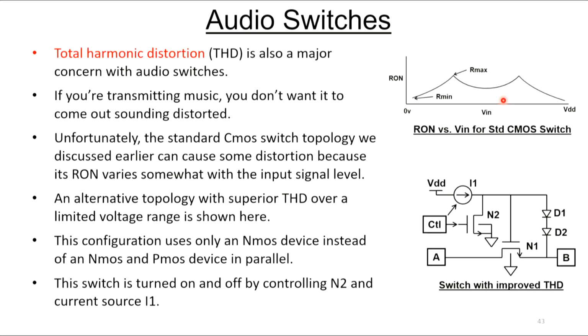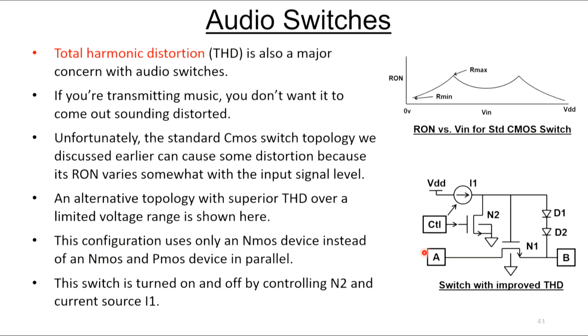Total harmonic distortion, or THD, is also a major concern with audio switches. If you're transmitting music, you don't want it to come out sounding distorted. However, the standard CMOS switch topology we discussed earlier can sometimes cause distortion in audio switches, because the R-on, the on resistance, varies as you swing the input voltage up and down.